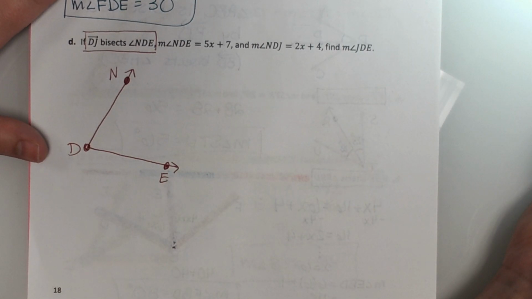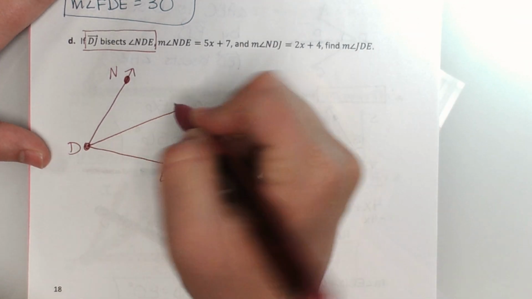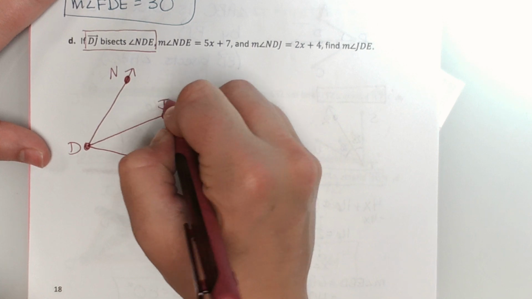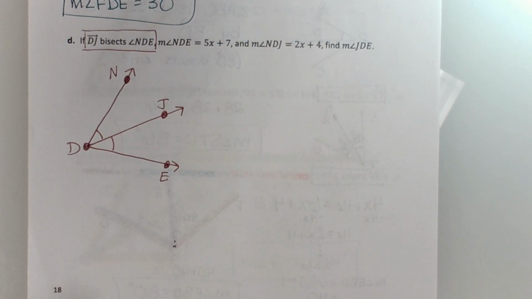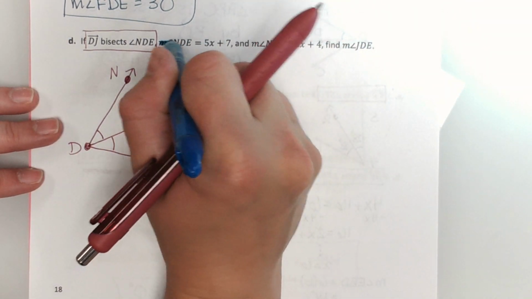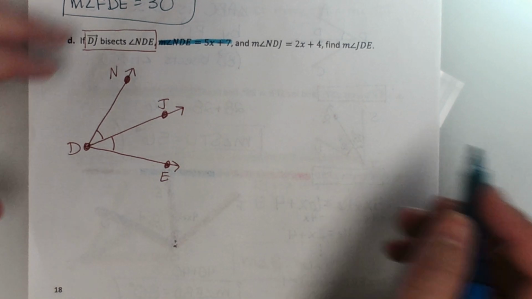What do I do with the picture next? Someone other than Jackson should know this. Split it down the middle. Make it congruent. That's J, and make them congruent. NDE. Top angle, bottom angle, or big angle? Big angle.